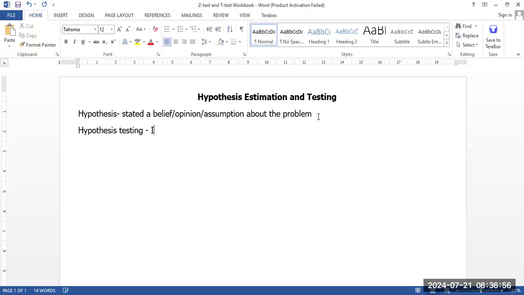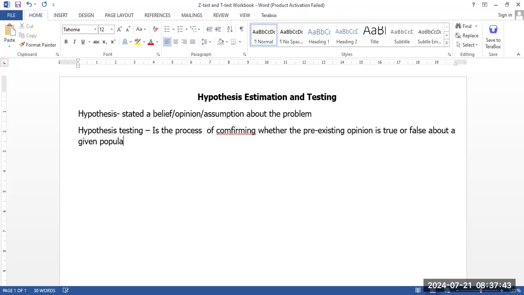It is the process of confirming whether the pre-existing opinion is true or false about a given population parameter.